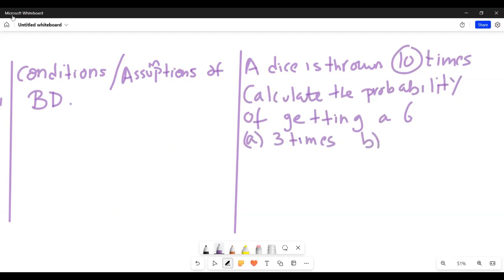Part B, less than 3 times. Part C, greater than or equal to 3 times.